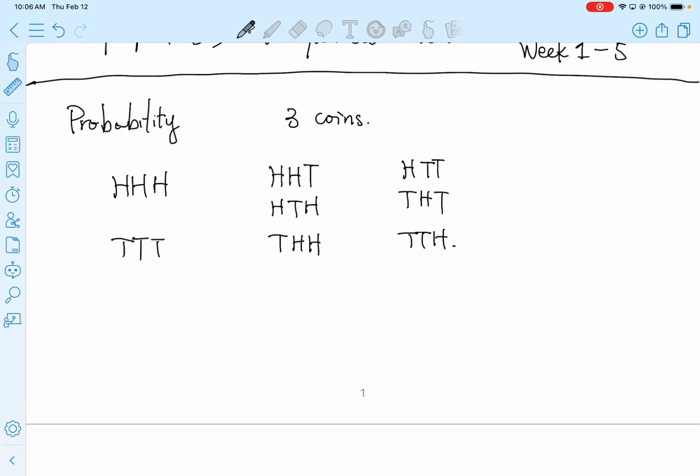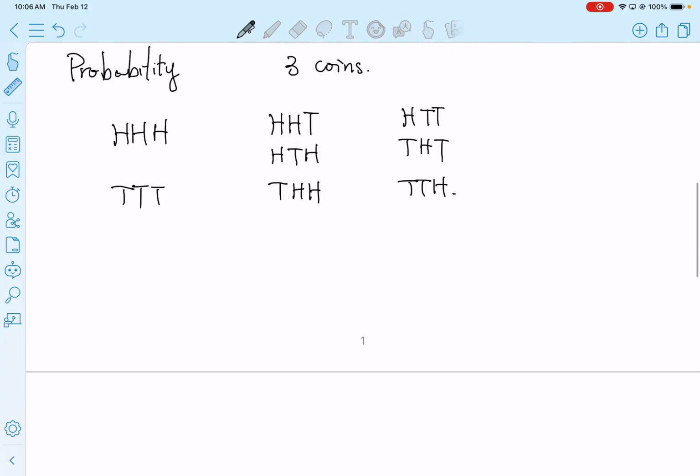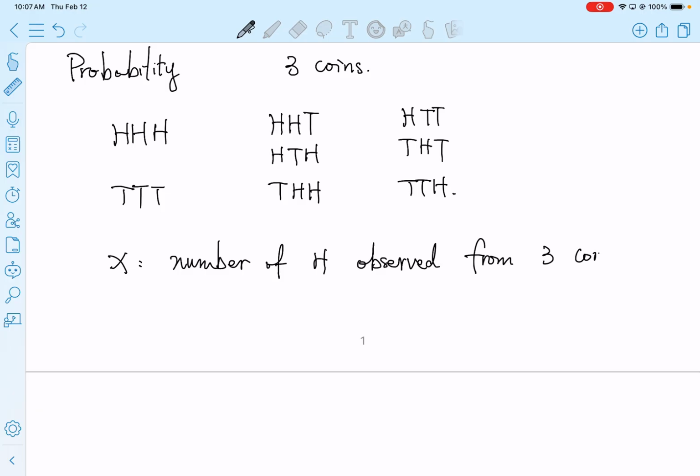But now let's revisit the idea of the random variables, or more specifically, how to quantify the things that we are interested to measure the probability associated to these. The random variable for this case is that we define X to be the number of heads observed from 3 coin flips.